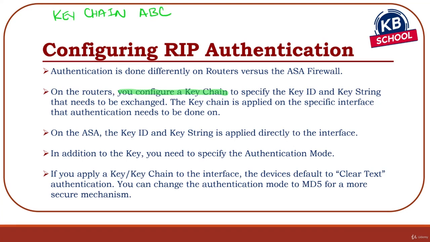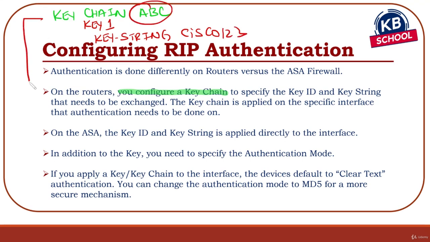And inside the key, you have two components, the key ID, which is like a number, let's say 1, and the key string, which is the actual password. You take the keychain ABC, which is locally significant, and apply it to your interface, saying that I want to use this keychain called ABC on my interface to apply the key ID and the key string to the interface.